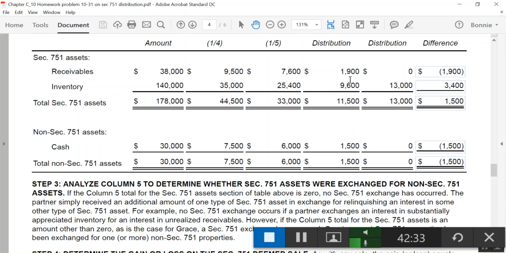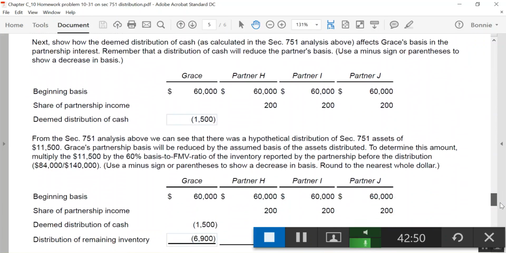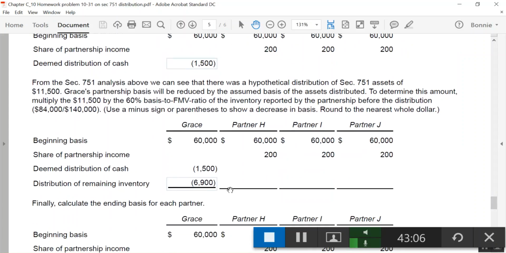Notice they've included in there the hypothetical distribution of the receivables, and I think that's because the receivables are included in the definition of inventory under 751. So it's 11,500, but that's at fair market value. Again, we multiply that by the 60% basis to fair market value ratio that we used above, and 60% times 11,500 is 6,900.